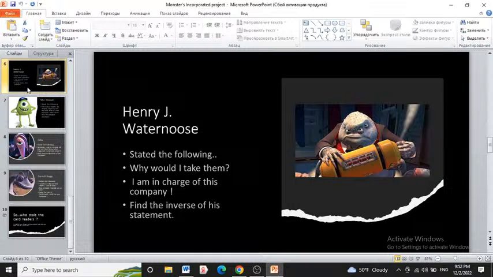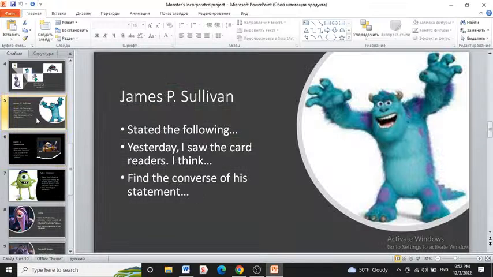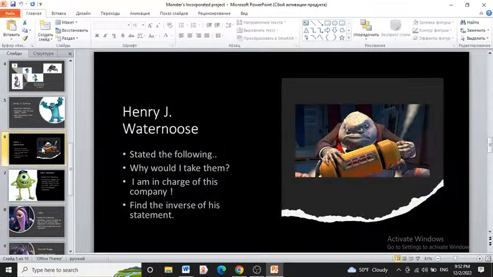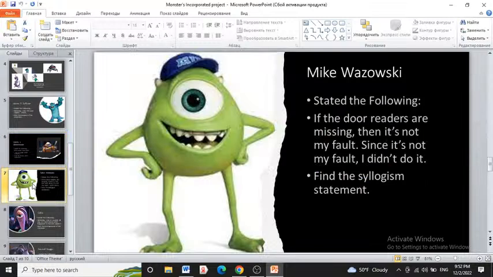Why would I do it? This is kind of interesting because then I think I saw it yesterday doesn't imply anything other than the person thinks that they saw it yesterday. Typically, in logic, I'm guessing he did see it, but that doesn't imply that somebody stole it.